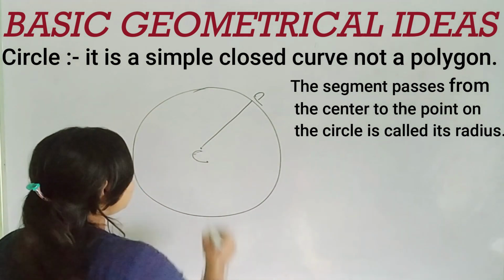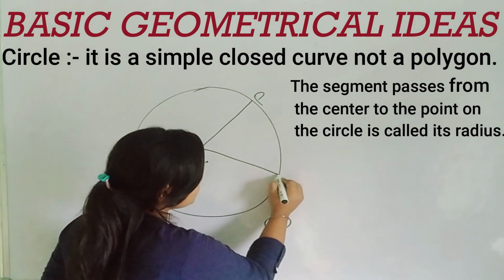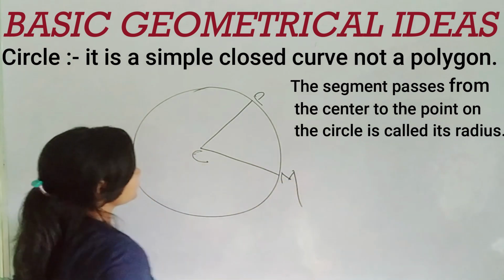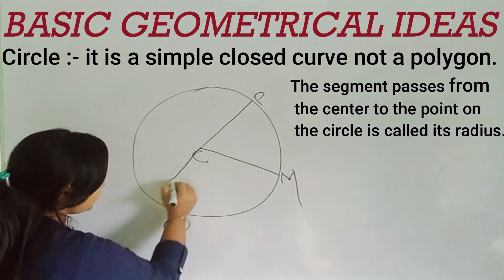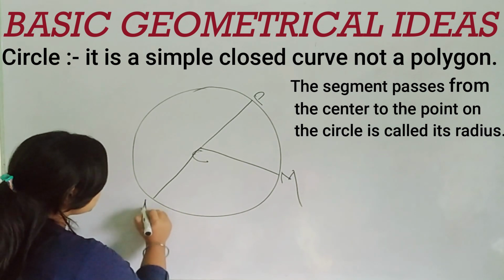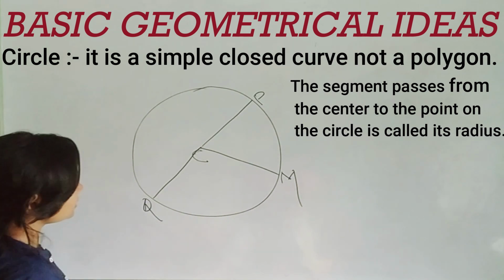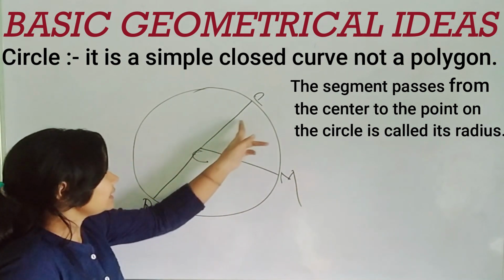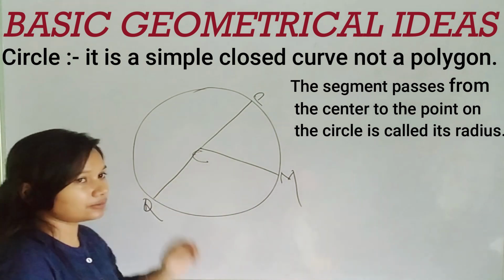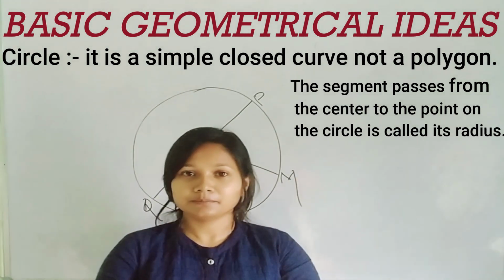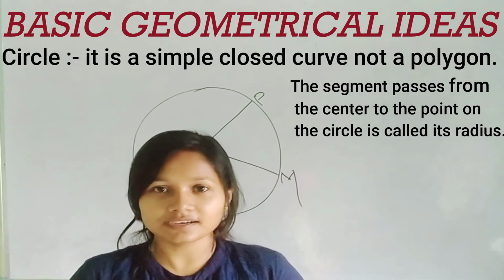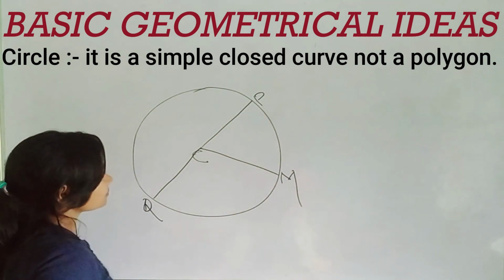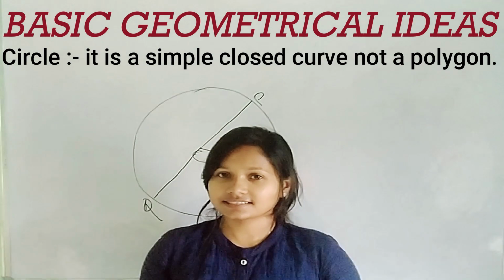Like this, CM is a segment and it can be the radius of the circle, and CP and CQ are also known as radii of the circle. Here CP, CM and CQ are the radii of the circle. Radii means the plural form of radius, right? And here PQ can be the diameter of this circle.